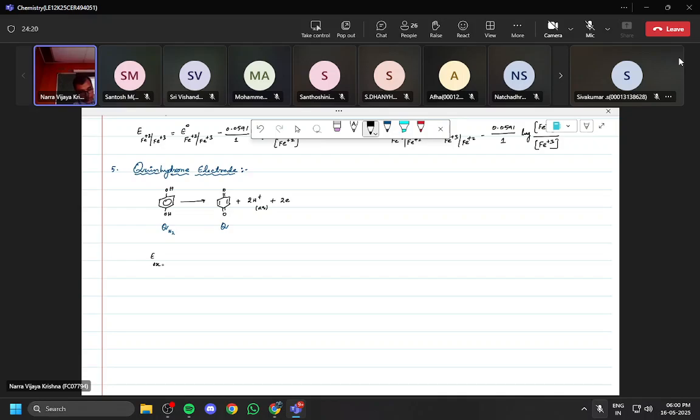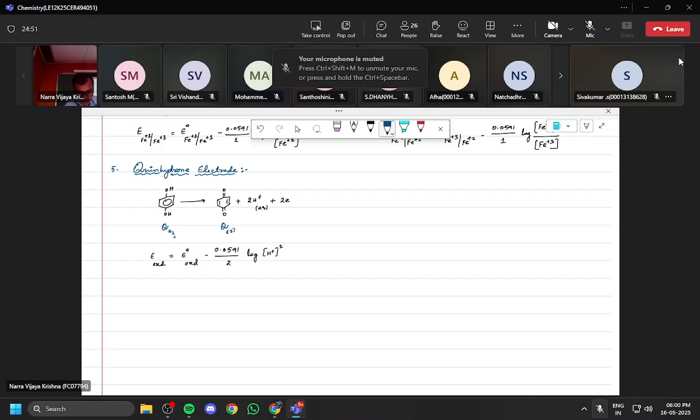E oxidation is equal to E0 oxidation minus 0.0591 upon 2 log concentration of H+ squared. Correct? If I consider both of them are in solid form, can I write it? Right?